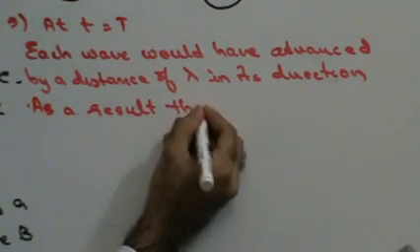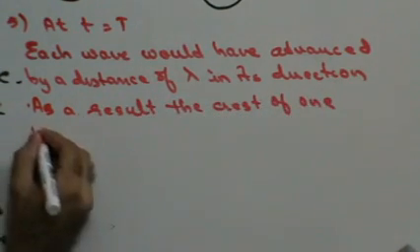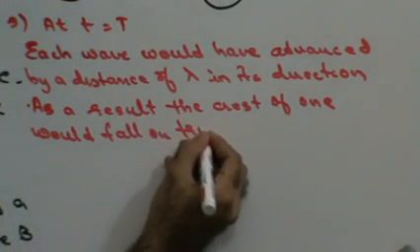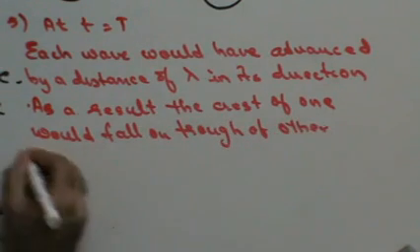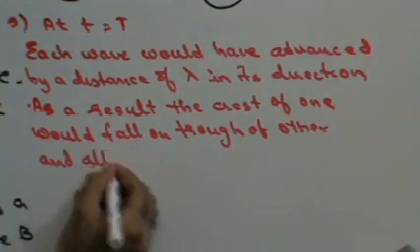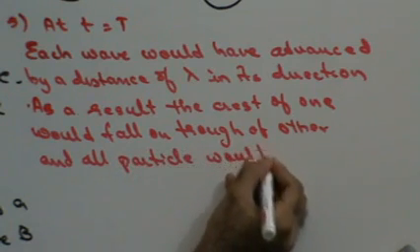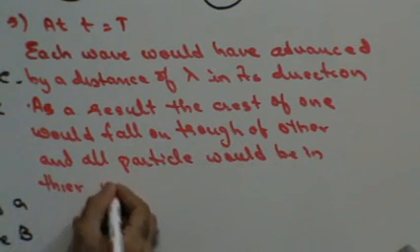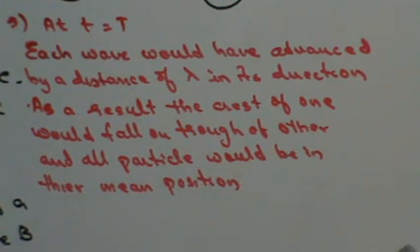The crest of one would fall on the trough of the other and all particles would be in their mean position. So in that case you will have the wave like this.